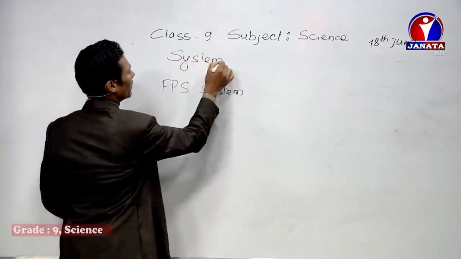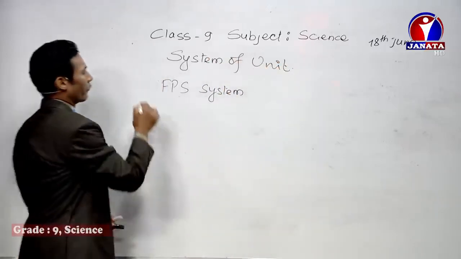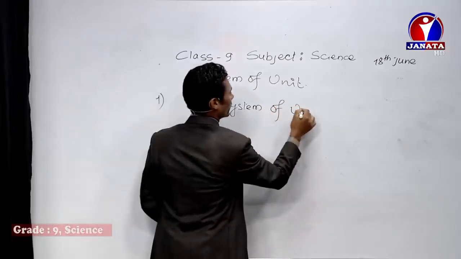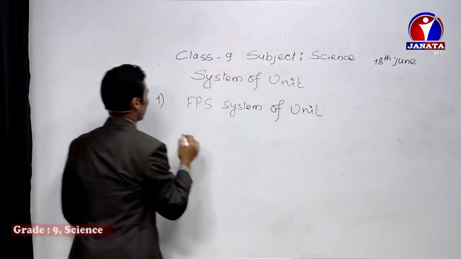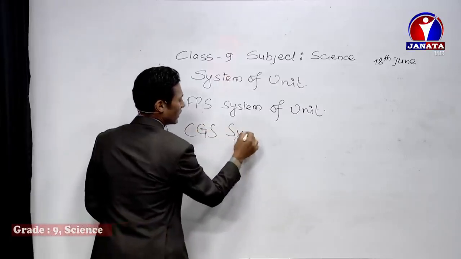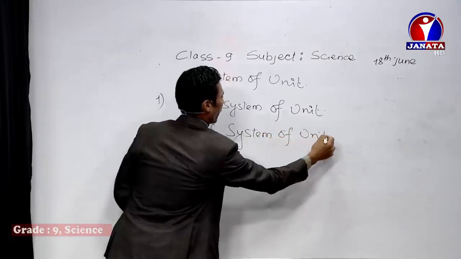So first one is FPS, system of unit. This you might have learned in lower class, right? CGS, system of unit.